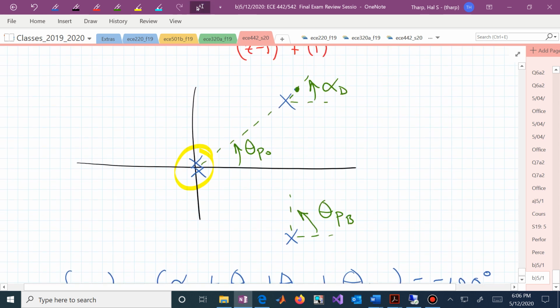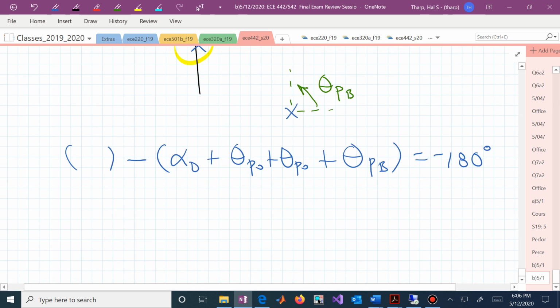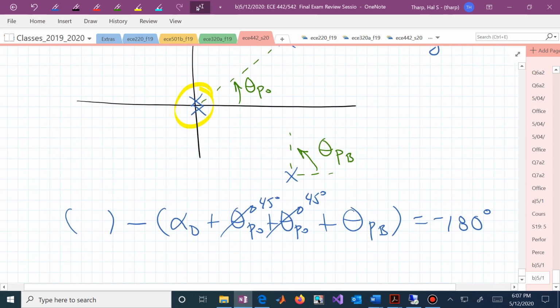Well, that pole up in the first quadrant is at 1 plus j1. I hope you can see then that the theta p sub 0, we go up 1 and over 1, that's 45 degrees. And we have 2 of those, so we have 45 degrees here and 45 degrees here. Theta p bottom, we have to look up 90 degrees there.